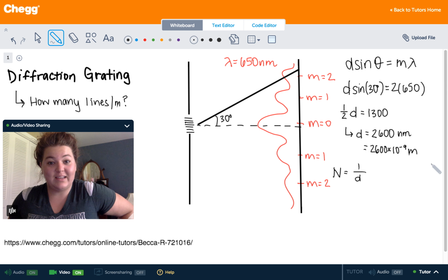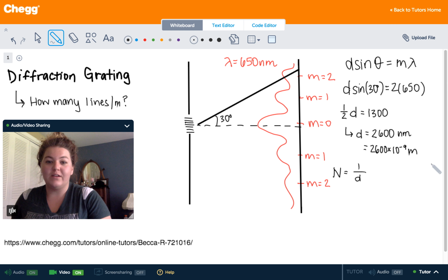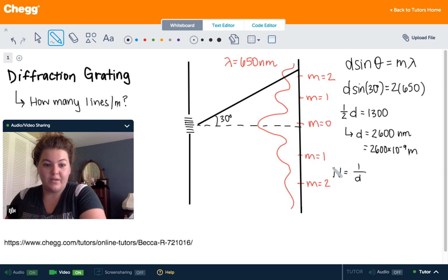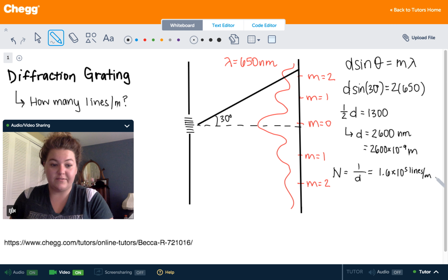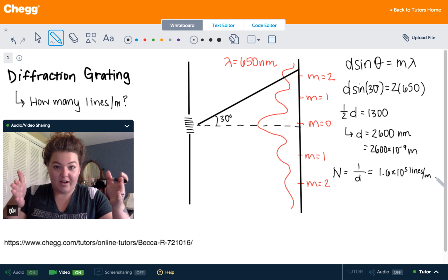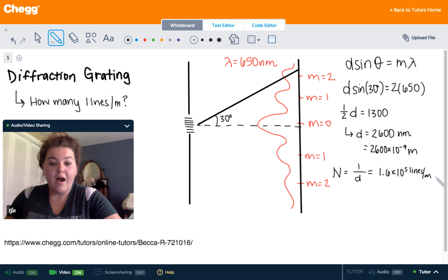The slit spacing can be thought of as meters per line, and if we're looking for lines per meter, we simply need to take the inverse of that. And if we take the inverse of that, we get approximately 1.6 times 10 to the 5th lines per meter. So 1.6 times 10 to the fifth lines would fit in just 1 meter of that type of diffraction grating.